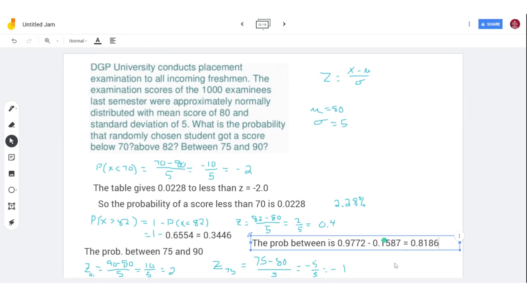There we go. So there's about 81 point, almost 82% would be between these two values.